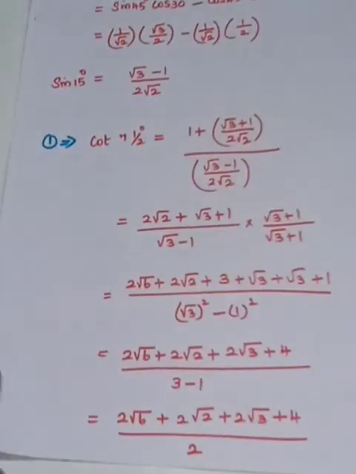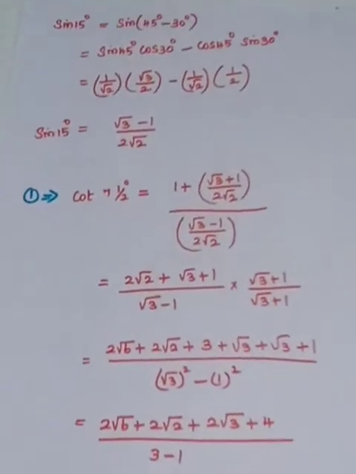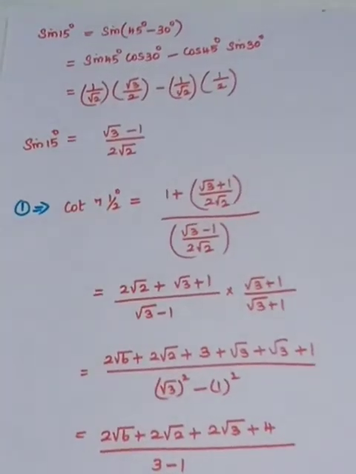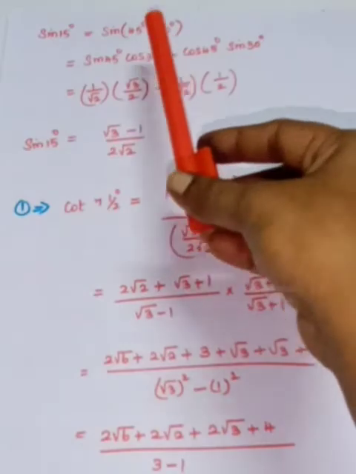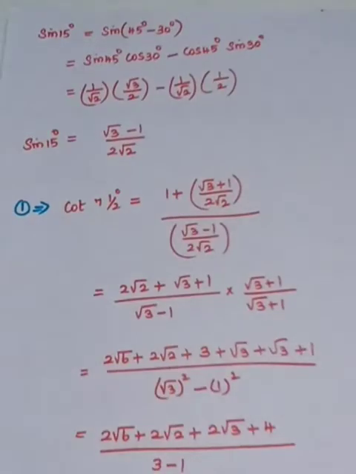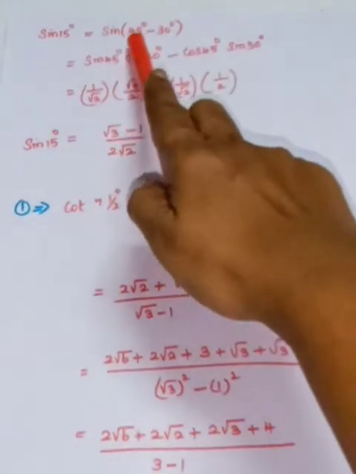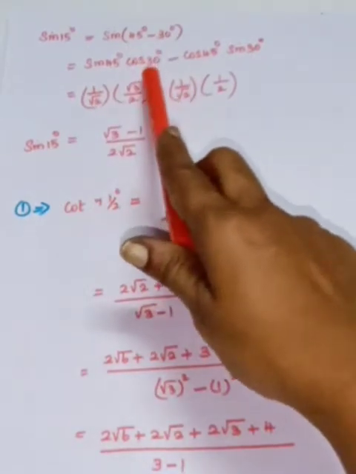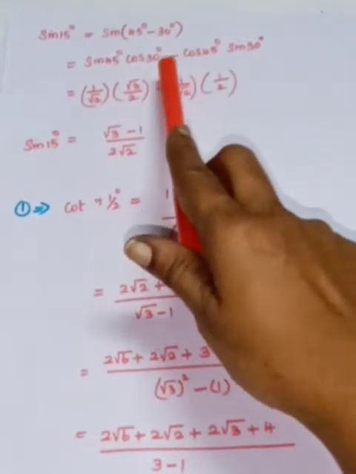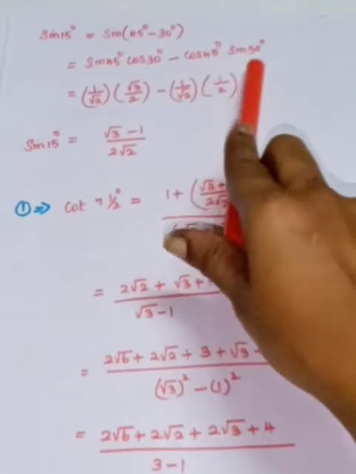Next you have to find sin 15 degree. This 15 degree can be written as 45 degree minus 30 degree, so it is in the form of sin of alpha minus beta: sin 45 degree cos 30 degree minus cos 45 degree into sin 30 degree.